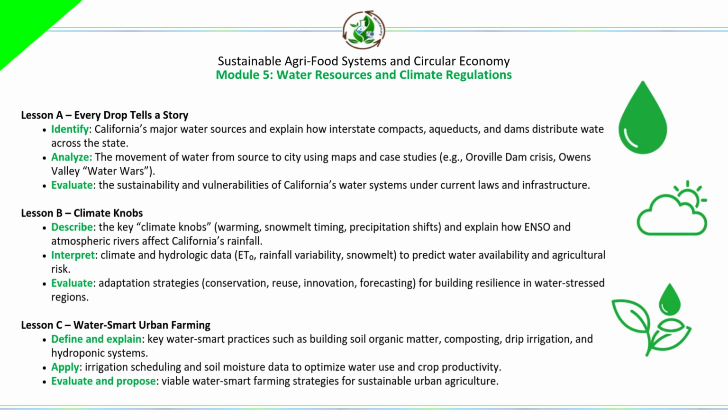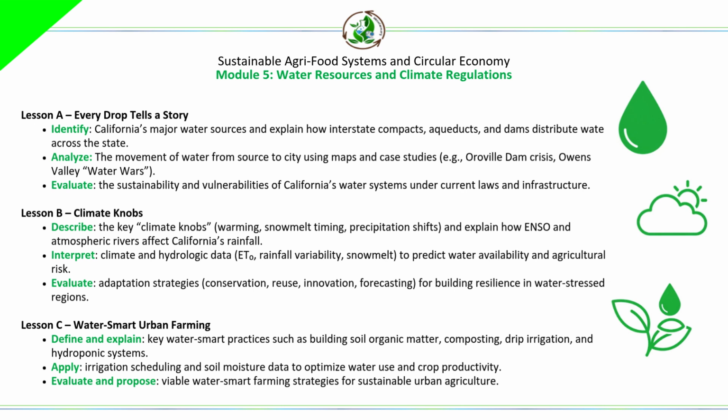Then, we'll apply that knowledge to interpret data on evapotranspiration, rainfall variability, and snowmelt timing to predict water availability. We'll also analyze climate model projections for the inland deserts and discuss their implications for farming. At the end of this lesson, we'll evaluate which adaptation strategies, like conservation, reuse, or innovative technologies, are most effective for building resilience.